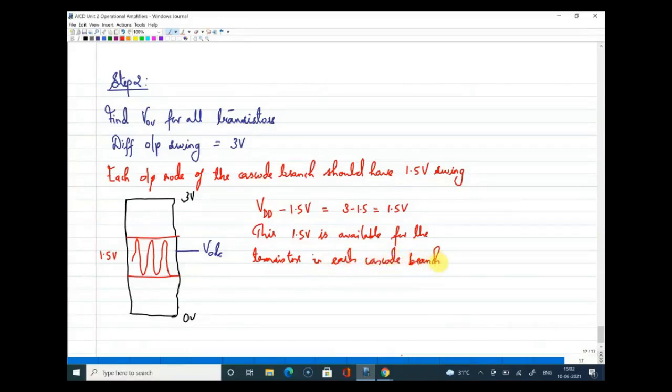So in each cascode branch, we know that there are 5 transistors. So from this 1.5, we can allocate to all the transistors in the stack.